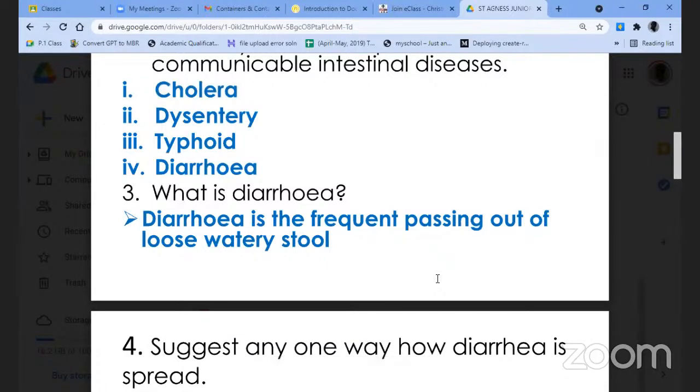Suggest any one way how diarrhea is spread.